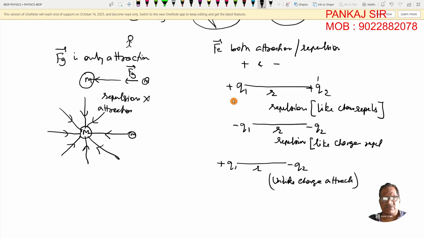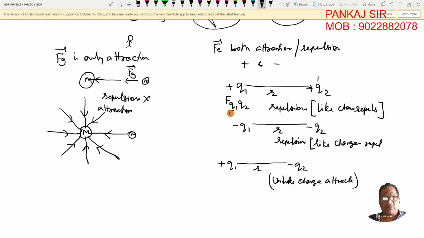Now what happens, the norm is to represent the electrostatic force acting on q1 due to q2.